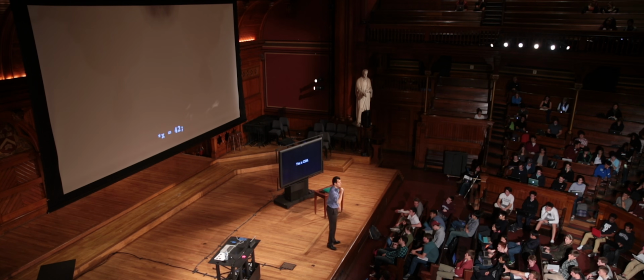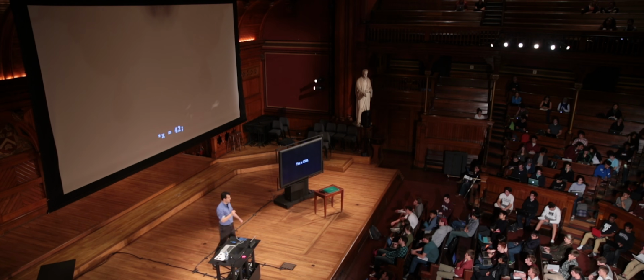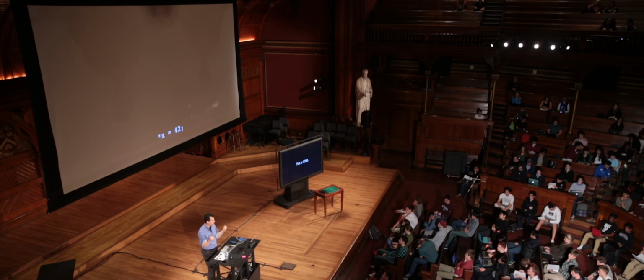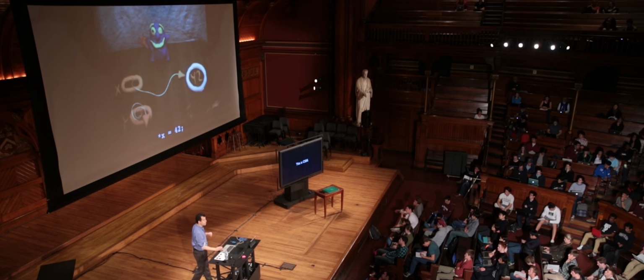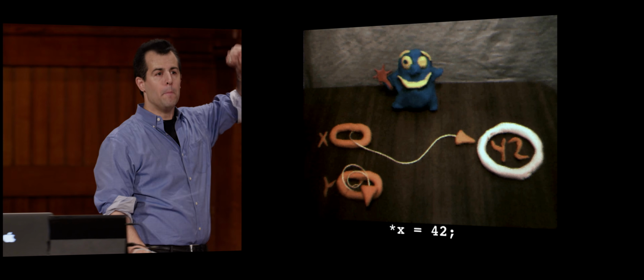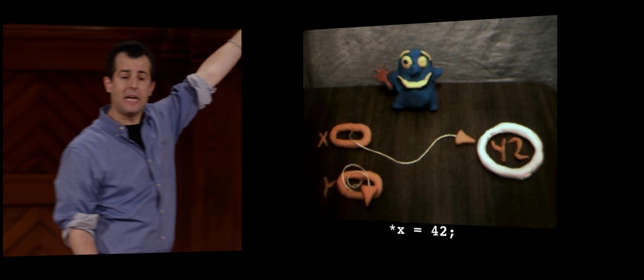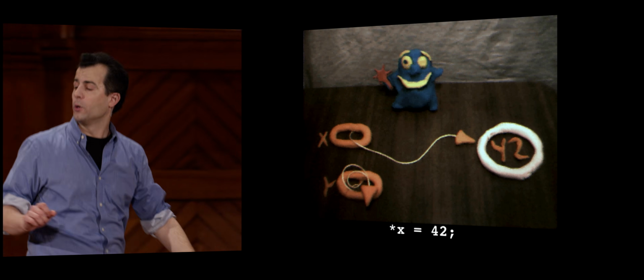Good. Exactly. Left-hand side means go to x. X's address. It's like 33 Oxford Street or OX1. And star x means go to that address and put what there? 42. So indeed, that's exactly what Nick did. He started by essentially mentally pointing a finger at x, following the arrow to the white box on the right-hand side, and putting the number 42 there.